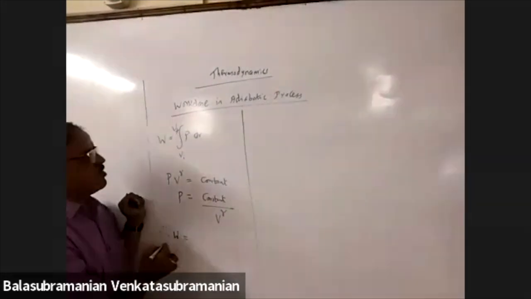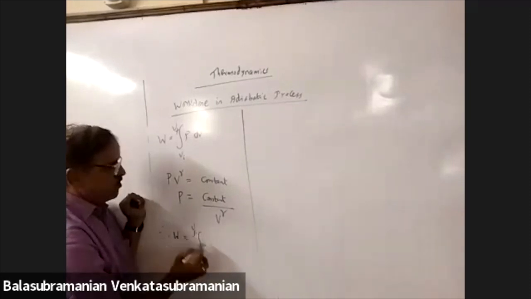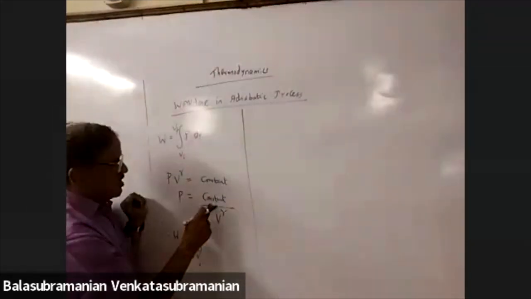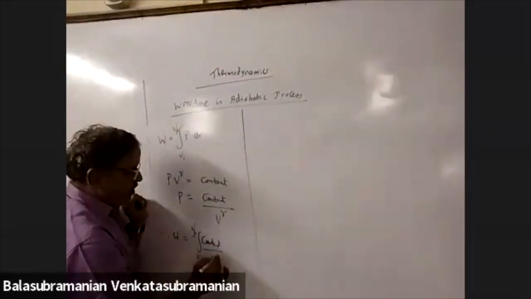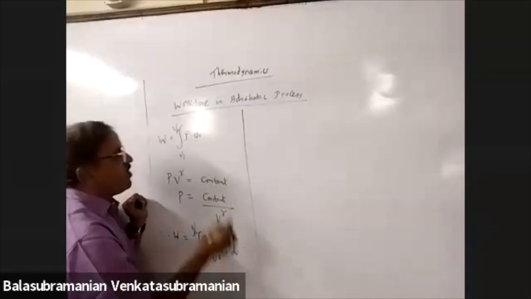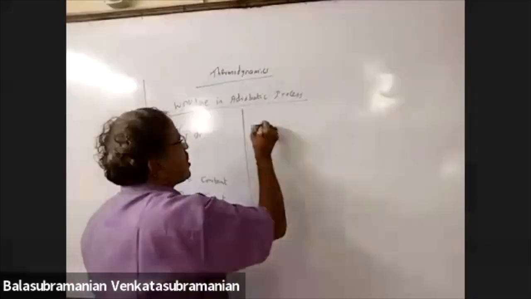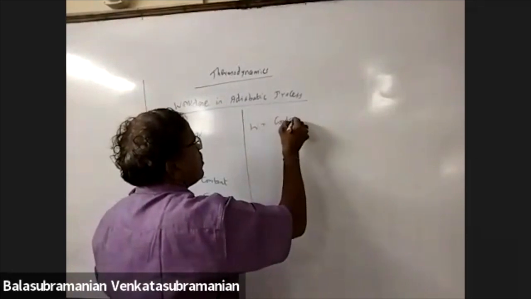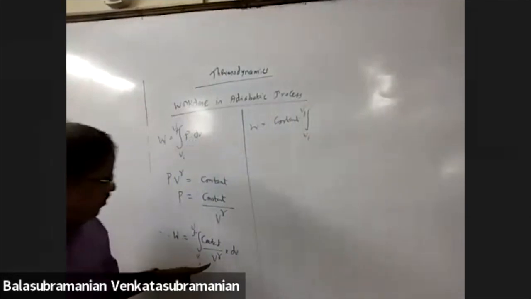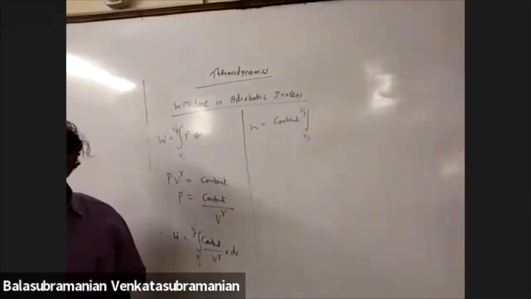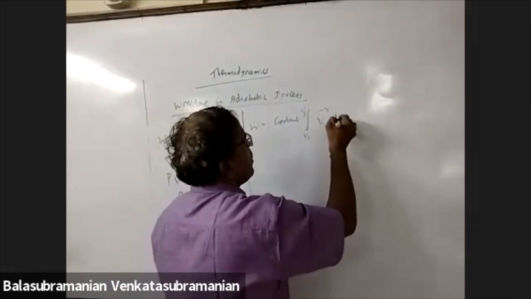W is equal to integral Vi to Vf, P is nothing but constant by V power gamma into dV. Take the constant outside. Integral Vi to Vf, V power gamma, take the numerator, it becomes V power minus gamma dV.